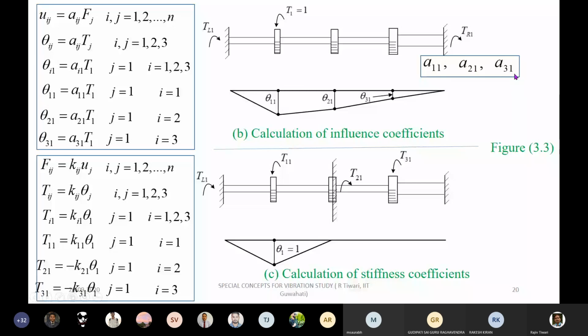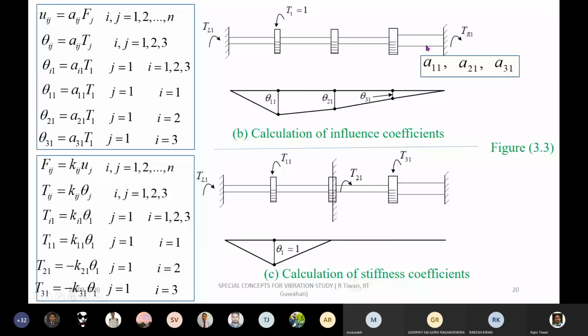That means if I want to apply a unit torque at 2, I'll get all the influence coefficients containing 2 at the second subscript location. That can be extended, but let us see how these three influence coefficients can be obtained in terms of the stiffness of shaft segments 1, 2, 3, and 4.